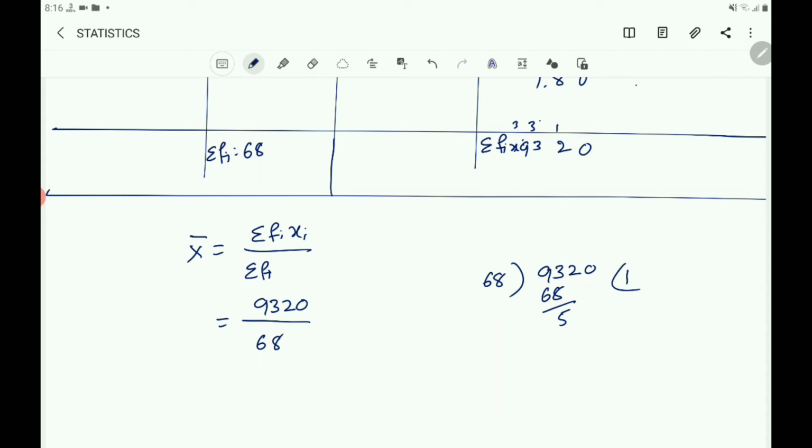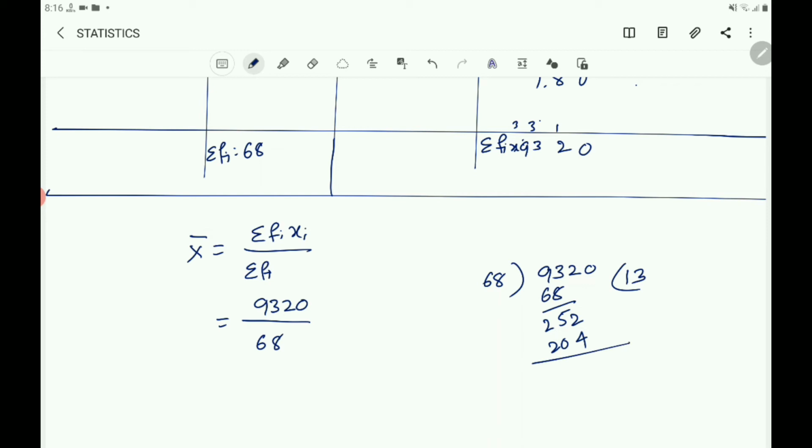And 8 minus 6 you will get 2. 252. Then 68 threes: 8 threes are 24, 2 carrying. 6 threes are 18, 18 plus 2, 20.